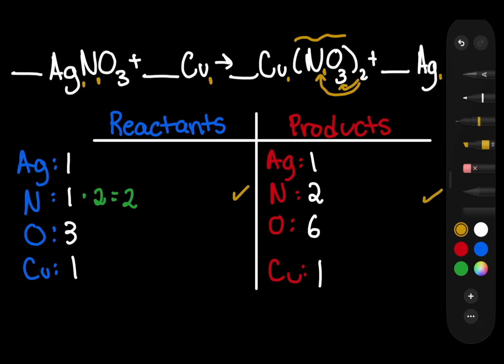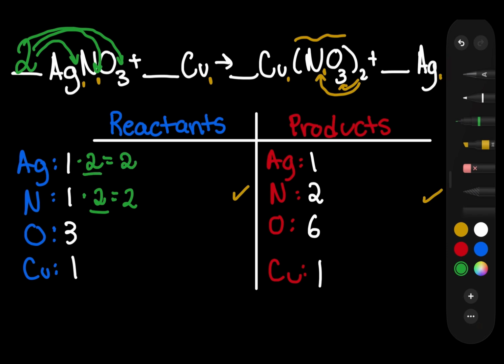So we put this coefficient of 2 right here on the outside, because that way now it's being distributed to nitrogen. However, it's also being distributed to the other things here, such as Ag and O. A single Ag is now being multiplied by 2 because of the coefficient.